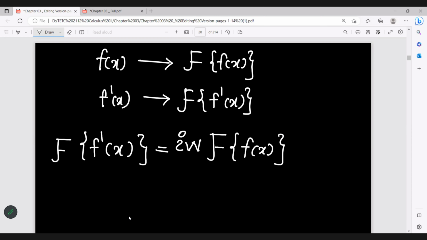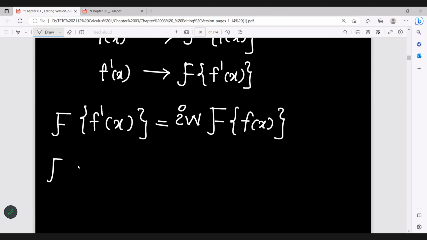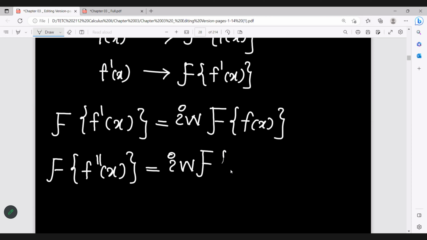By using this expression, we can obtain the expression for the Fourier transform of the second derivative as well. As we mentioned earlier, we replace f in the above expression by f dash x. Then we can replace the right hand side of the starred statement in the second statement.